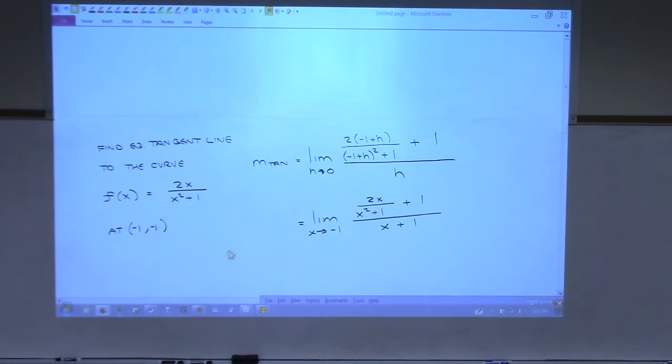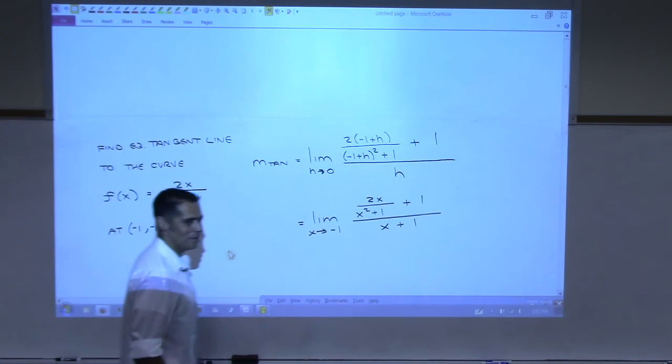You're there. 0 over 2, which is 0. That's okay to have that. You're done. That's the slope. You need the equation. So now go get the equation. You should be coming up with 0 as your slope.